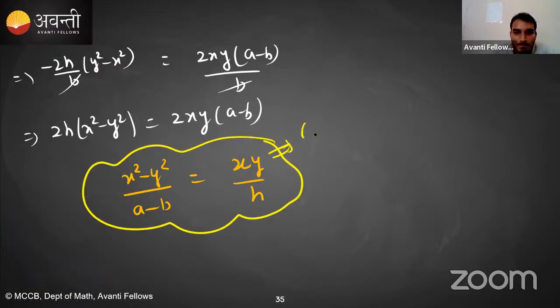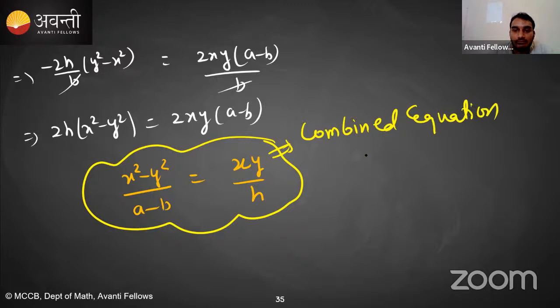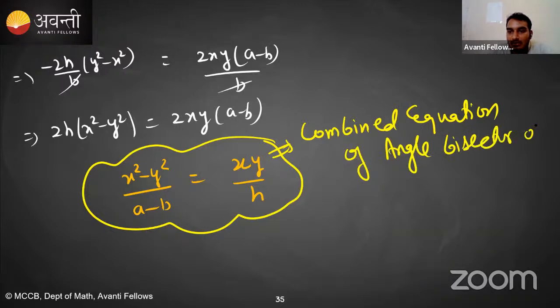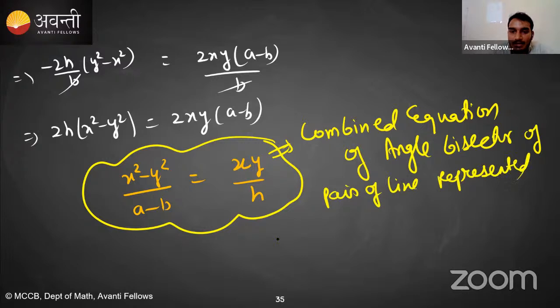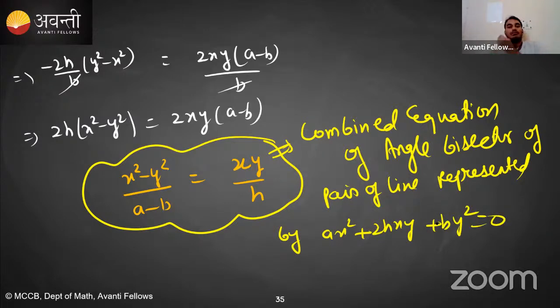So it is the combined equation of angle bisector of the pair of lines represented by ax square plus 2hxy plus by square is equal to 0.